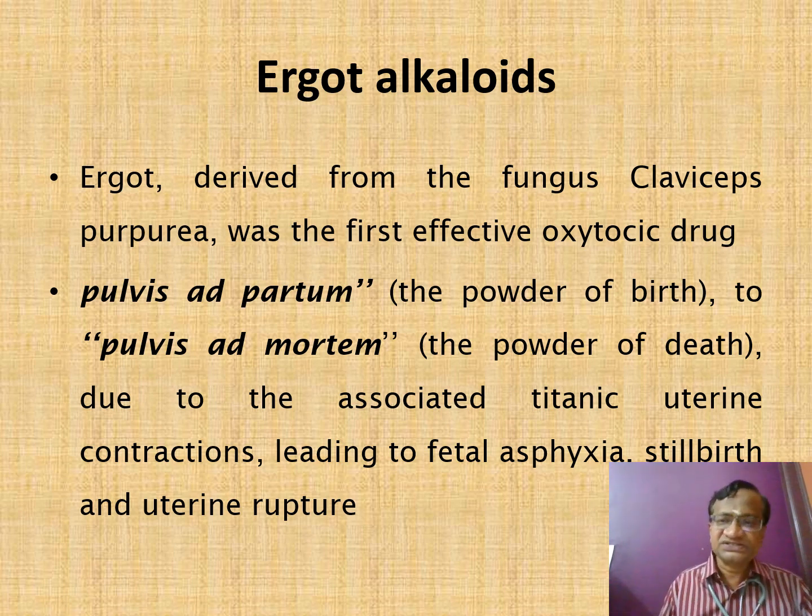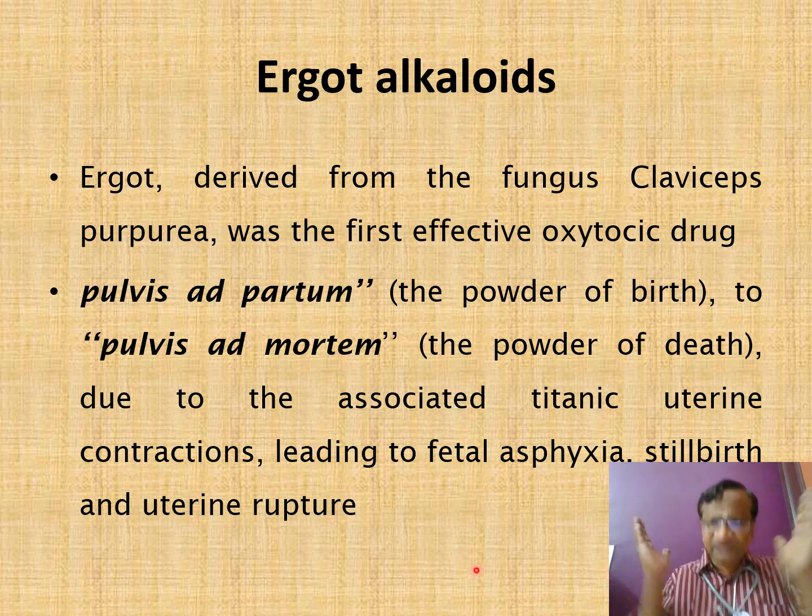Now we will go to the next range of drugs, ergot alkaloids. Claviceps purpurea was the effective uterotonic drug. Pulvis ad partum, the powder of birth. It became pulvis ad mortem because of tetanic uterine contractions.